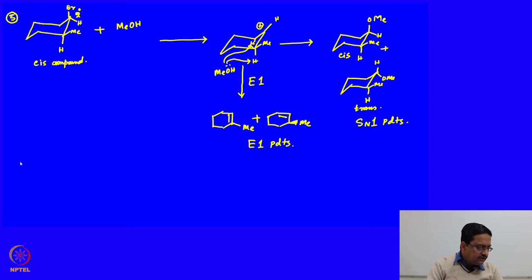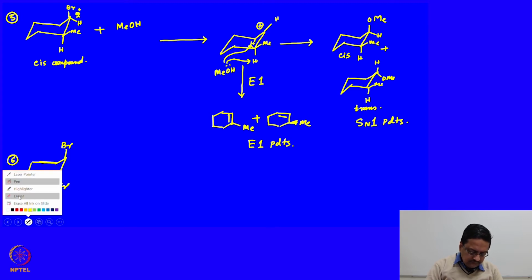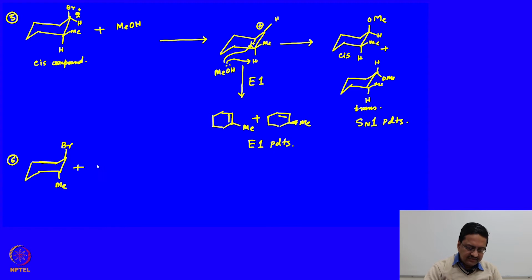Now, let us see what happens if we had started with the corresponding trans compound with the same reagent, which is a weak base and a good nucleophile.